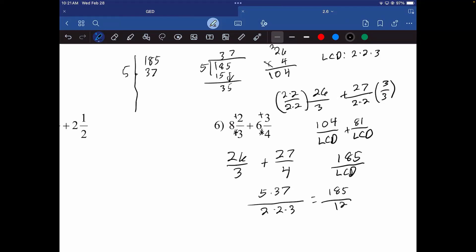Now I want to put that back into a mixed number. So I'm going to do the division.